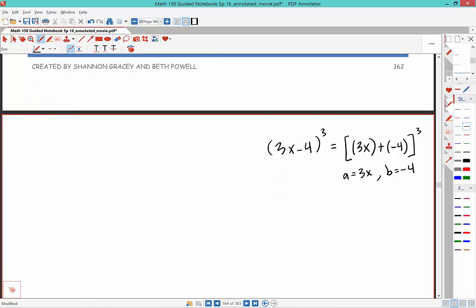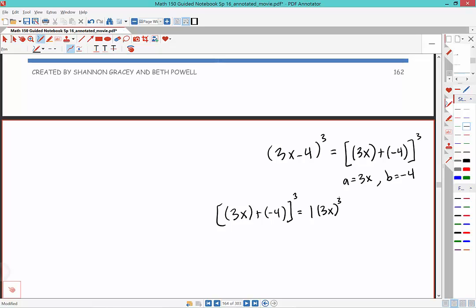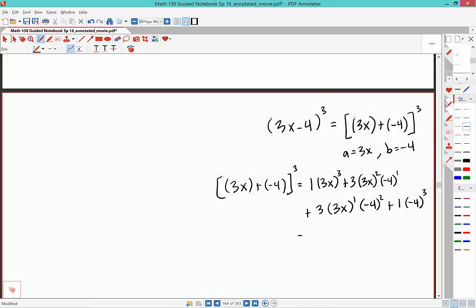So expanding, what would happen? You would have 3x plus negative 4, the quantity cubed, will be 1 times 3x cubed plus 3 times 3x squared times negative 4 to the 1 plus 3 times 3x to the 1 times negative 4 squared plus 1 times negative 4 cubed. So that's going to give us 27x cubed.